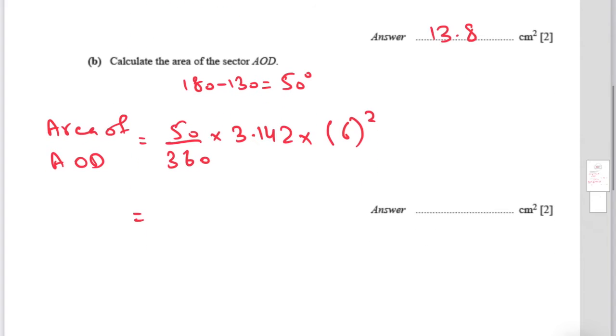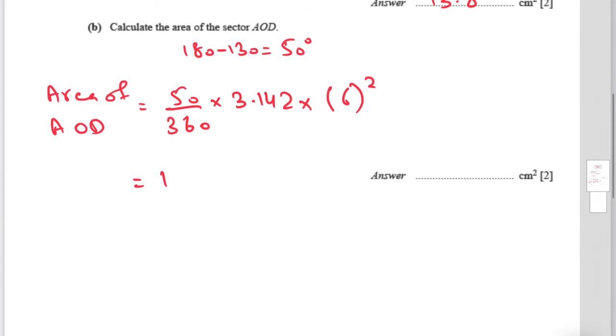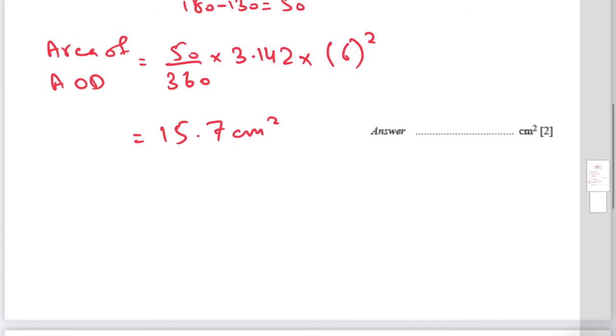So let's find what we get. 50 over 360 times 3.142 times 6 squared. The area comes out to be 15.7 centimeters squared. So we write the answer over here, 15.7 centimeters squared.